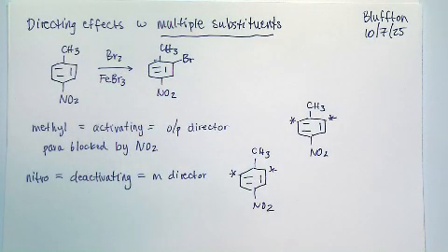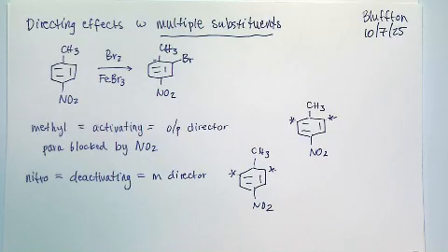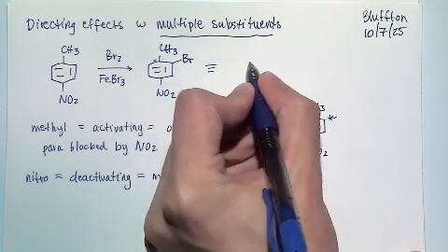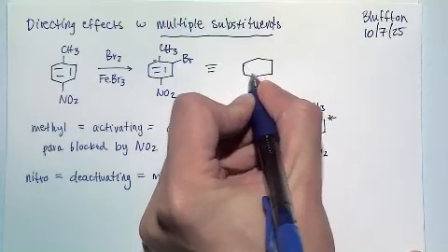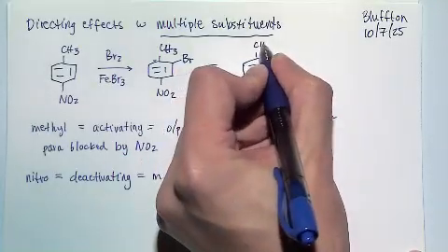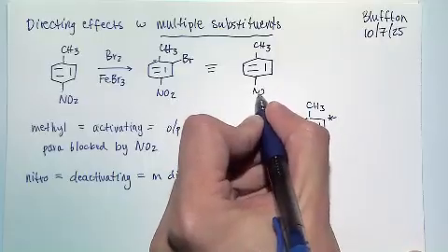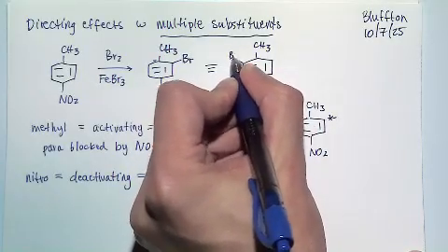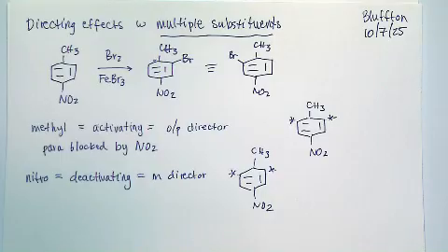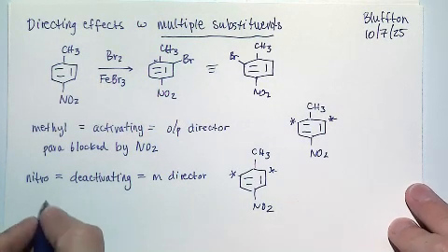We're going to go ortho to the methyl group and meta to the nitro group. This is the same thing as that same molecule, just viewed from the back instead of the front.